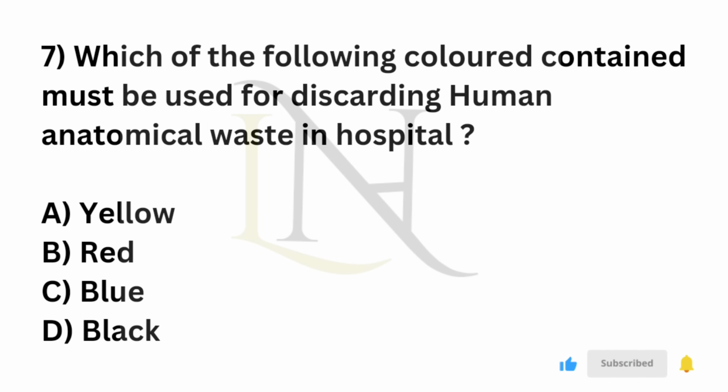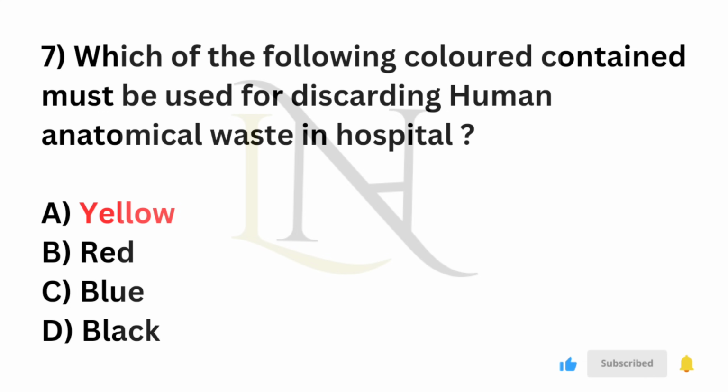Which of the following colored containers must be used for discarding human anatomical waste in hospital? Option A, yellow, option B, red, option C, blue, option D, black. Answer is option A, yellow color.